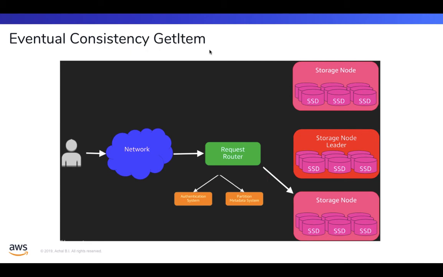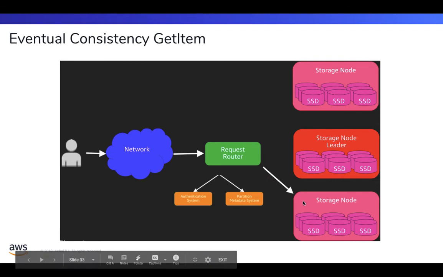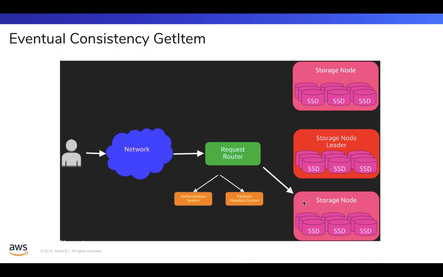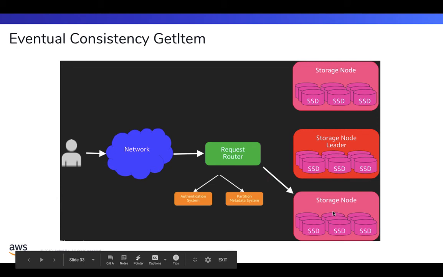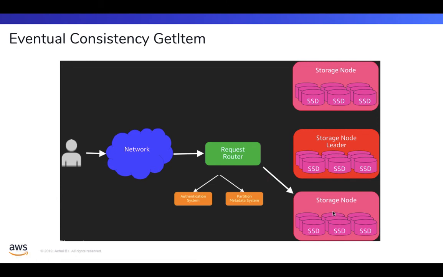So get item, as I told, would always give you eventual consistency. There is a 33% chance possibly that you would hit a secondary node which is not containing the required information.